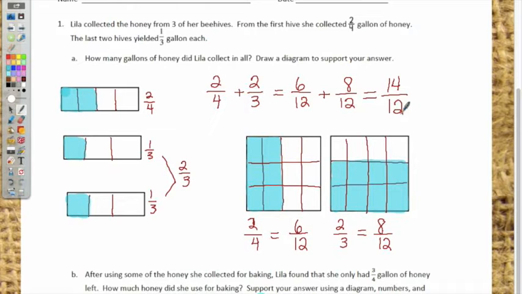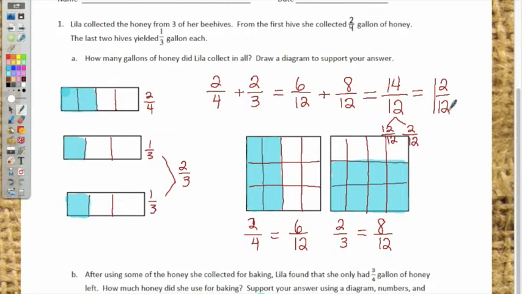So 14 12ths is improper. So you do 12 12ths, plus 2 more twelfths, right? So that's 1 and 2/12.